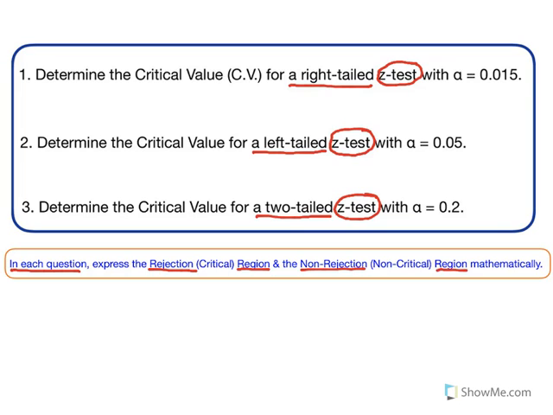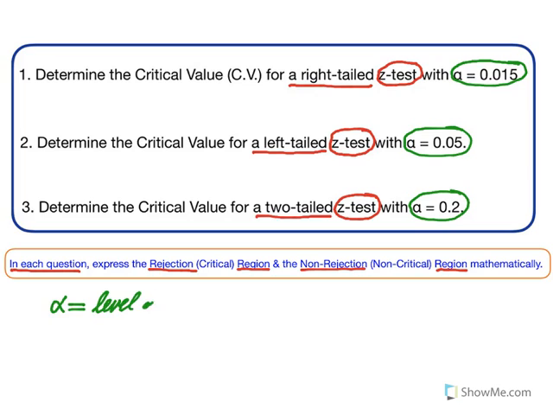Okay, but before we start, I need to tell you something. This alpha that you see here in the 3 questions is the level of significance. Alpha is called the level of significance of the test that you are performing.